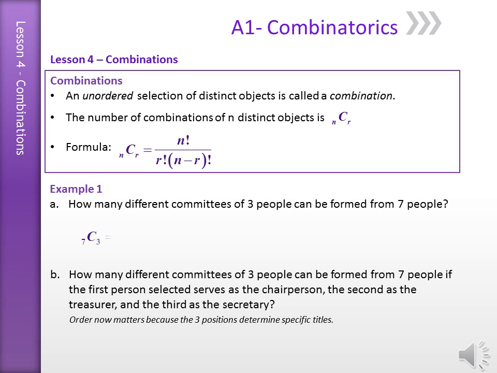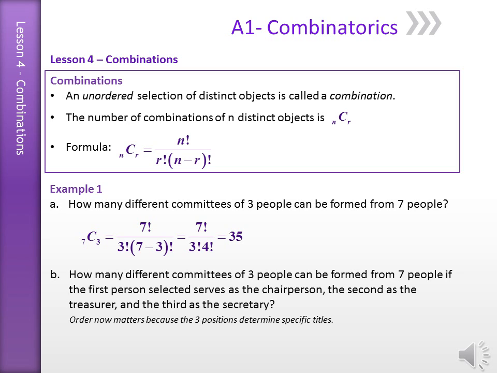We can just use our calculators, or we can use the formula. 7C3 equals 7 factorial in the numerator and 3 factorial times 7 minus 3 factorial in the denominator, which is 7 factorial divided by 3 factorial times 4 factorial, which equals 35.